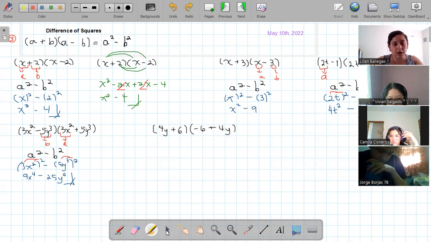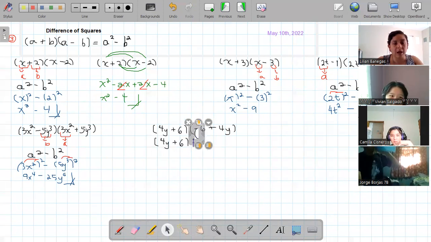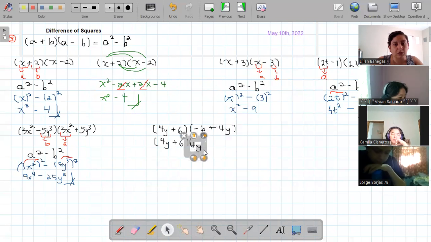In this case, what I should do is to rewrite my exercise. So I got 4y plus 6, and I'm going to rewrite it in order for me to have the 4y in the first spot in the second parenthesis. So you see, it is positive, so I actually don't need to place the positive sign.